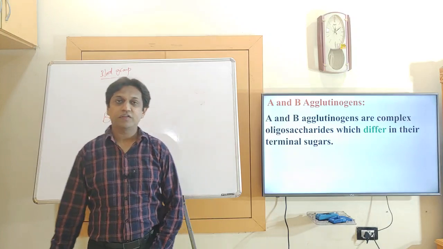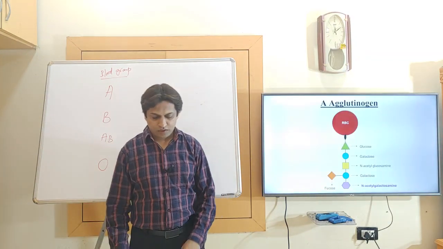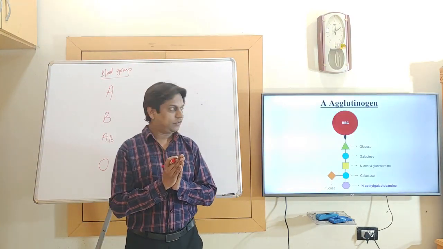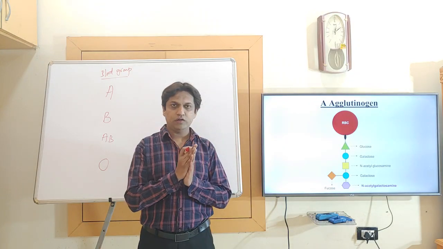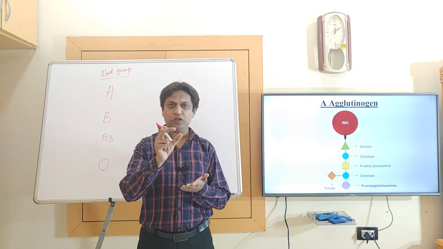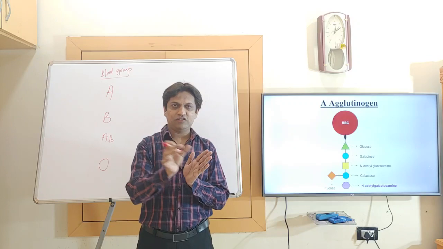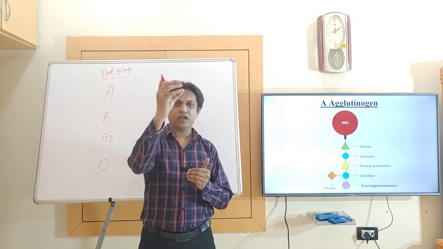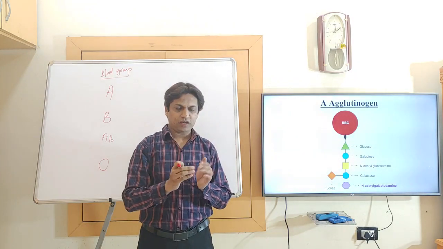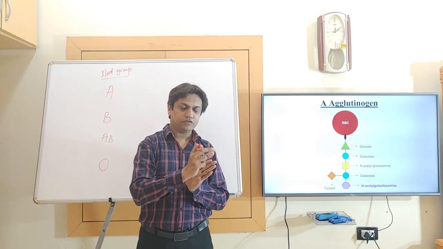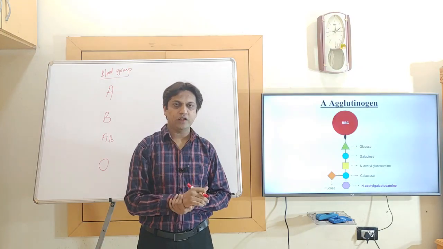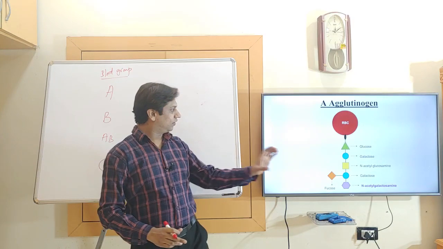Oligosaccharide means it has around 2 to 10 monosaccharide units in a chain. Monosaccharide, oligosaccharide and polysaccharide. So chemically it is an oligosaccharide.